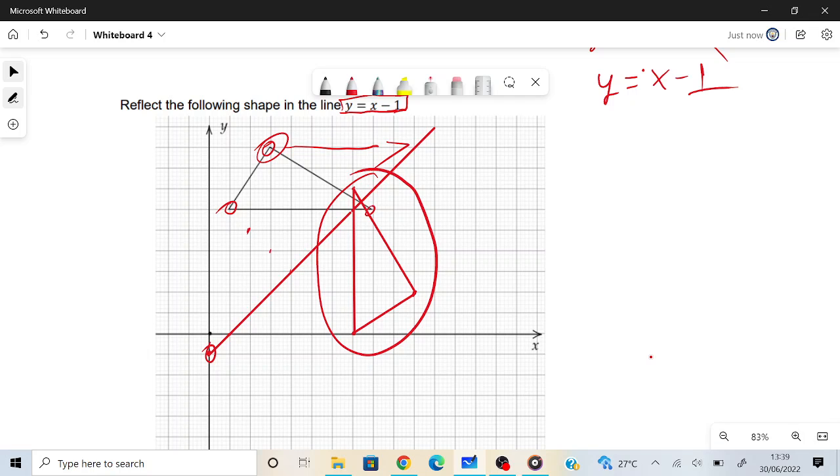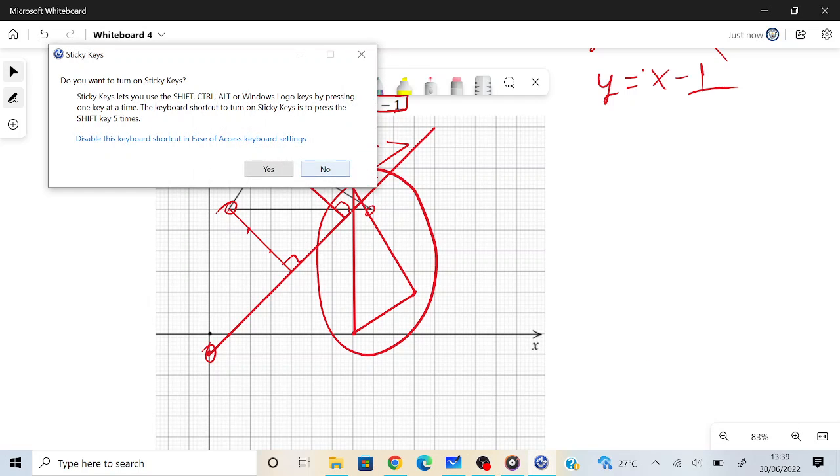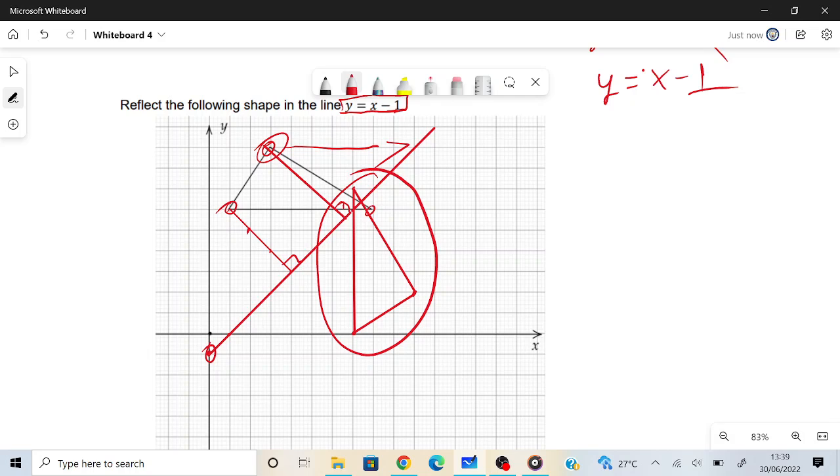As you can see, if I were to draw a line from this point to where I was counting, you can see there's a right angle being made. Similarly, if I take this line here and go straight with it to where I was counting, again you can see somewhere there a right angle is being made. So you need to make sure that right angle is being made when you are counting your points.